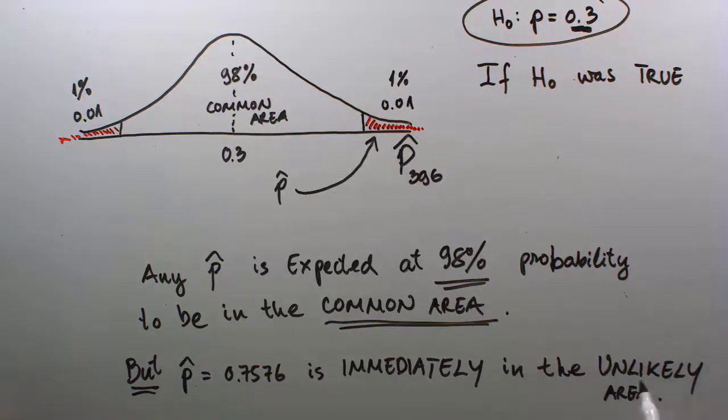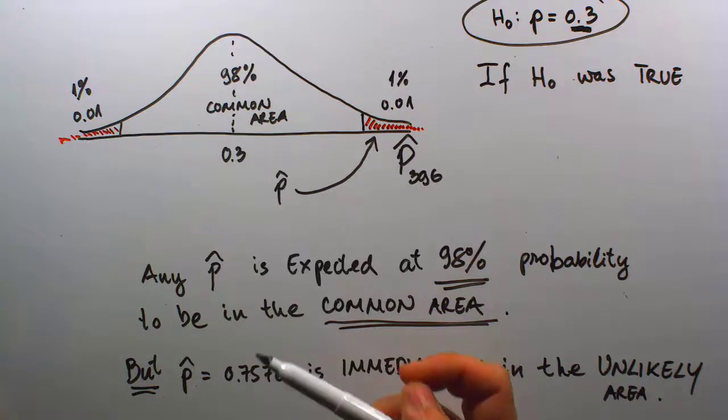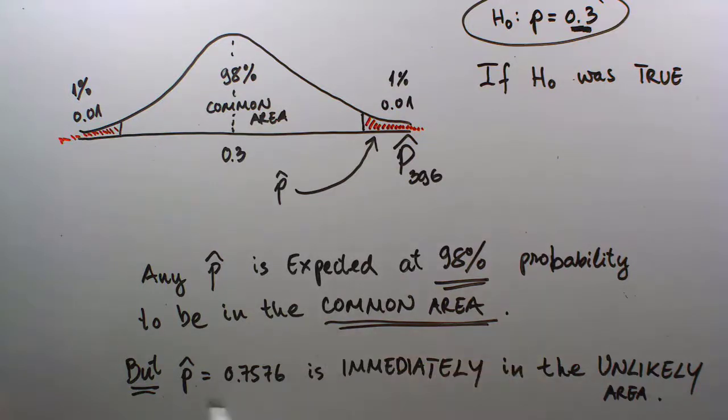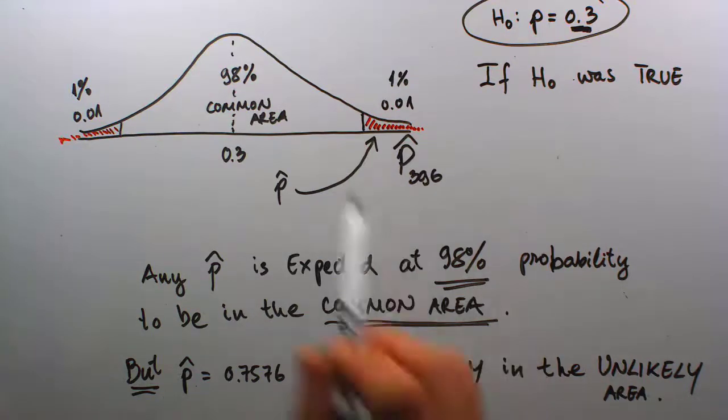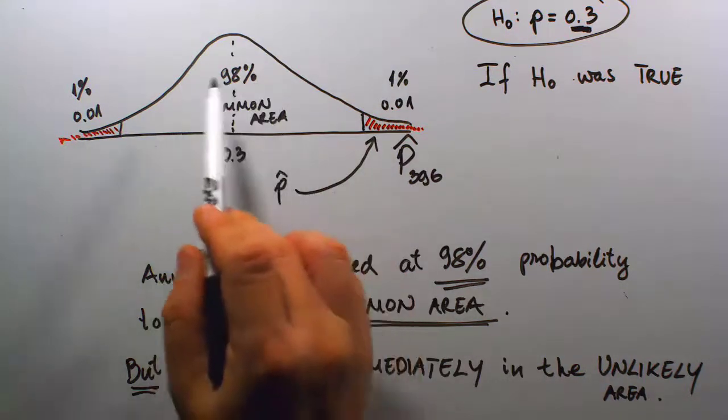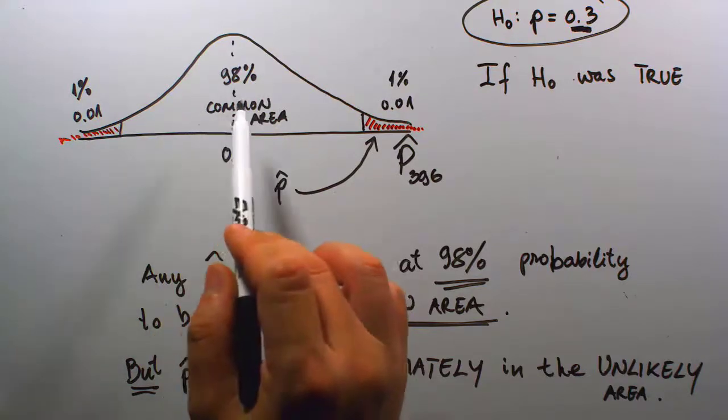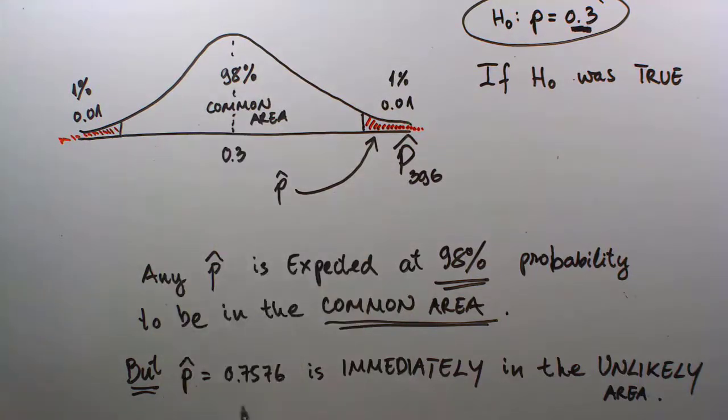It's being in the unlikely area, saying that it should be very unlikely to find a sample like this, but we found it so easily. The only one sample we picked up, we immediately ran into that. Versus, we expect to pick a sample that's supposedly inside of this, and the chance to be inside should be 98%. But now, the only one sample immediately falls into that right tail area.